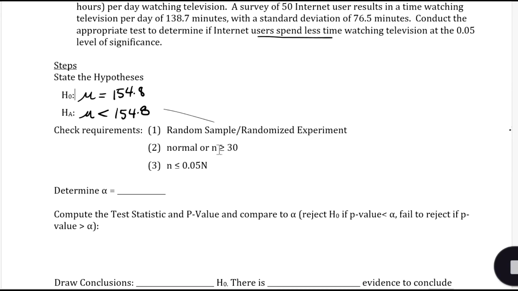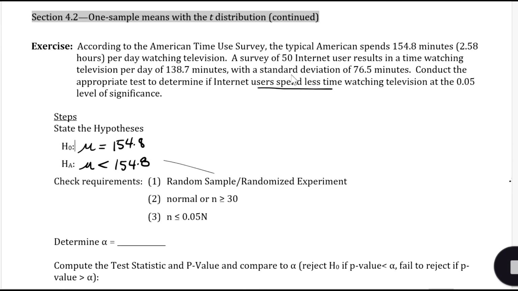So we have to go through and check our requirements. First, a random sample or randomized experiment. We look at our problem and see that we have a survey, and you are going to assume that it's done randomly.